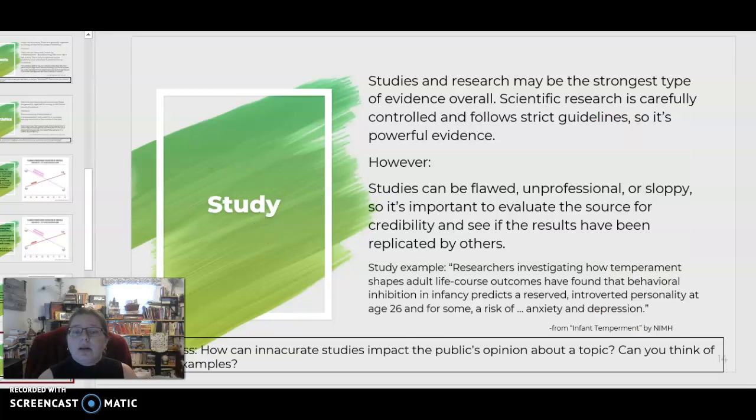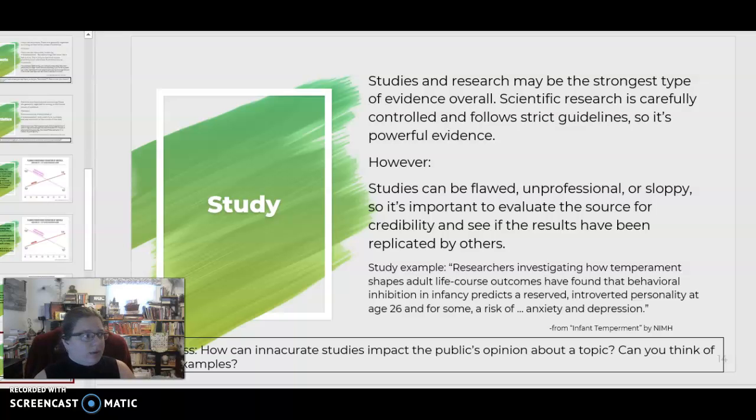Studies and research may very well be the strongest type of evidence overall because scientific research is typically very rigid. It's very structured and controlled. So you do have to make sure that the study has been done appropriately. You want to make sure that the organization that has presented the study is doing that fairly and following the accepted guidelines.